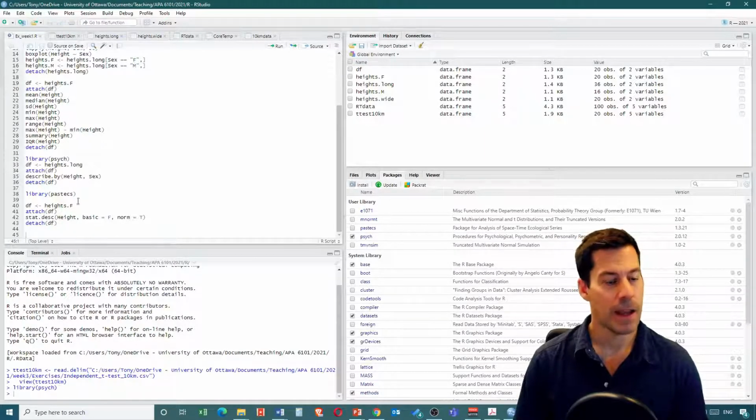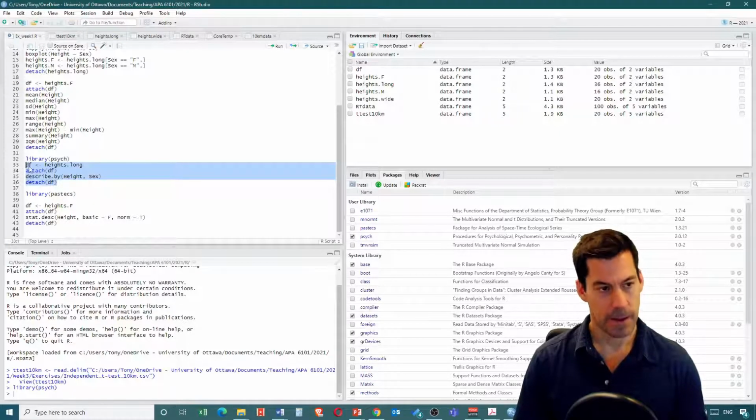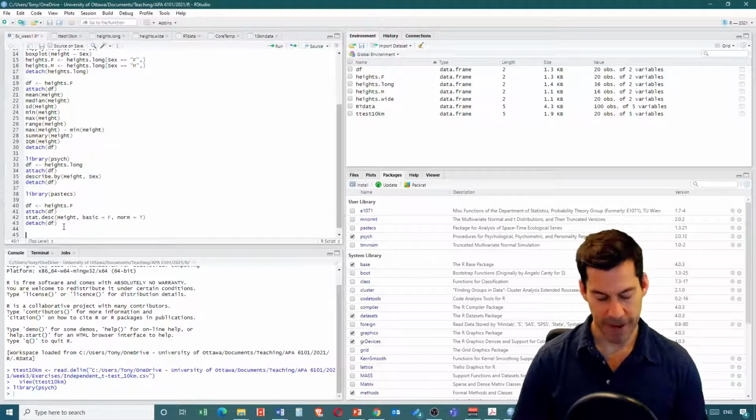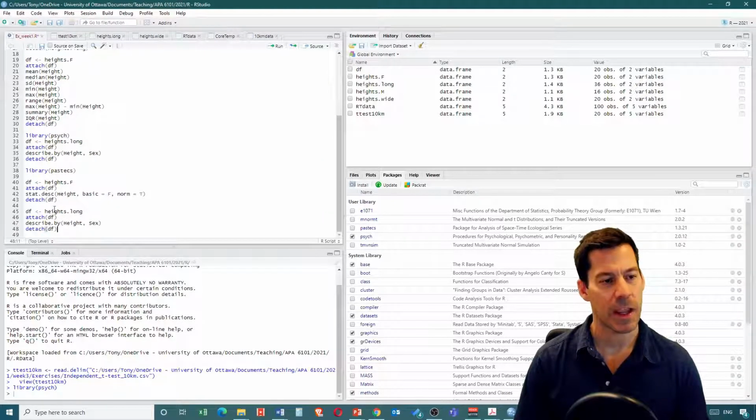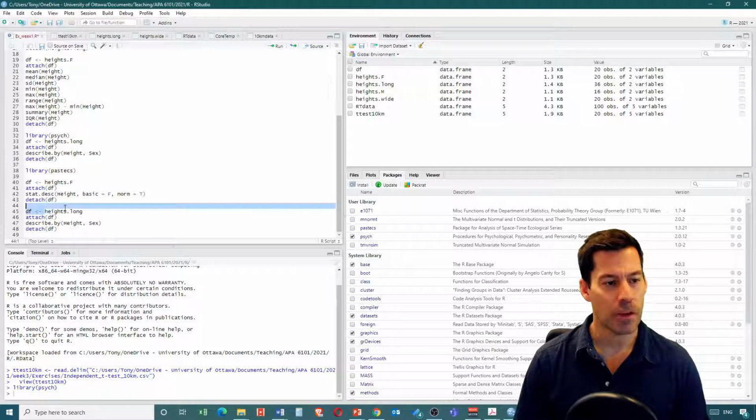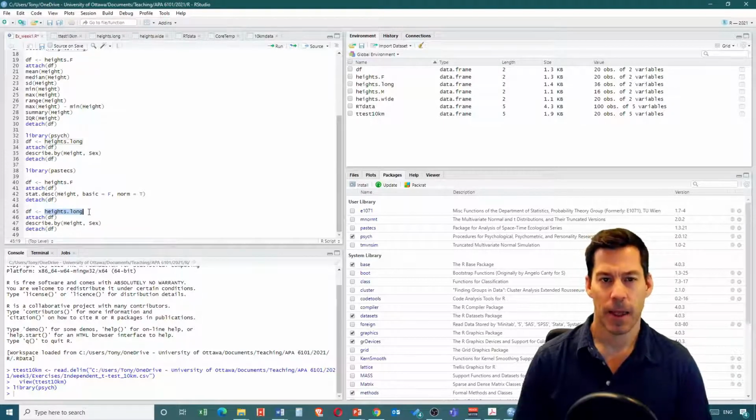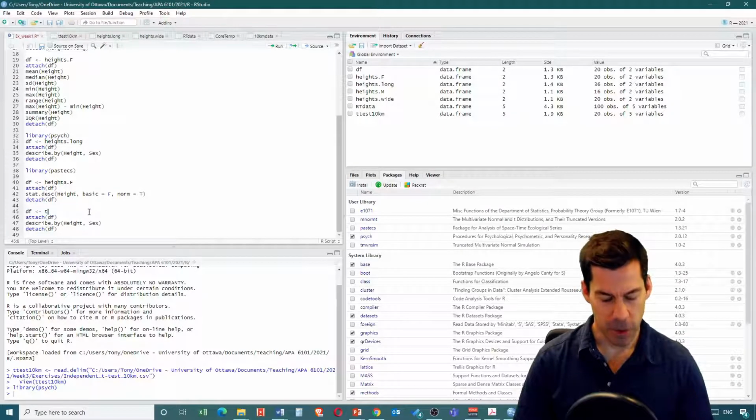So now I'm going to take this set and paste it below, because I'm going to be working with a long set of data, and I want to get some descriptives before I run my t-test. So into my data frame, I'm going to attach the new data frame called t-test 10km.